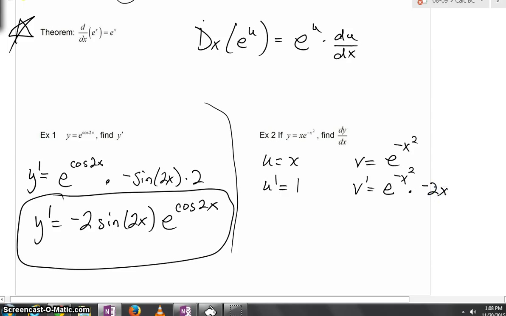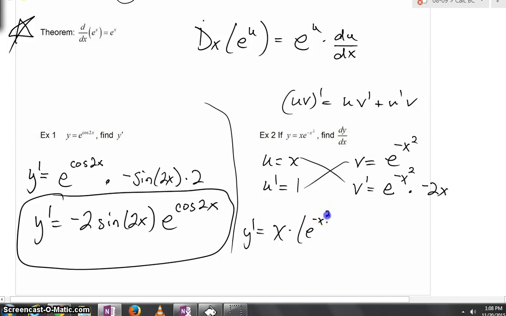What's the derivative of negative x squared? Negative 2x. Well, the beautiful thing about the product rule is it's uv prime plus u prime v. As I said before, it's almost like you can cross multiply here and add those two things together. Here's x times e to the negative x squared times negative 2x, and we'll join all that together in just a moment.